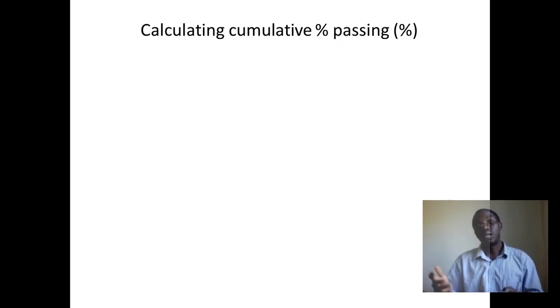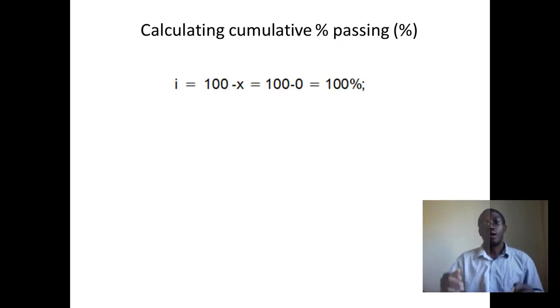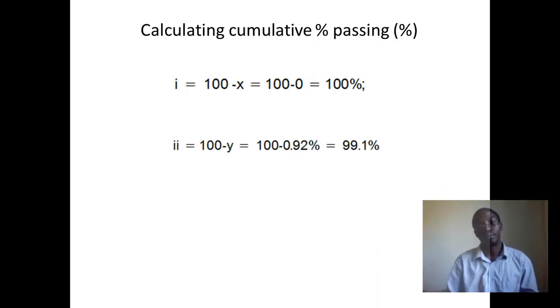Calculating the cumulative percentage passing. Roman number 1, 100 minus X, which is equal to 100 minus 0, which is 100%. It means that 100% passed through the first sieve 10. Roman number 2, 100 minus Y, which is equal to 100 minus 0.92, which is 99.1%.